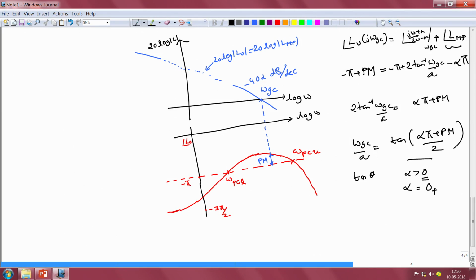So for this particular value of alpha, the gain crossover frequency will assume its minimum value, and that is given by omega gc minimum is equal to A times tan of Pm by 2. This is because if alpha is very close to 0, we can ignore the term alpha pi in relation to the term Pm, and hence conclude that the minimum gain crossover frequency is given by A tan Pm by 2.